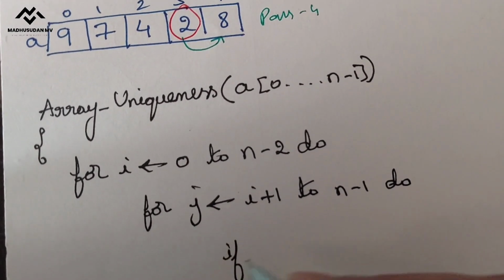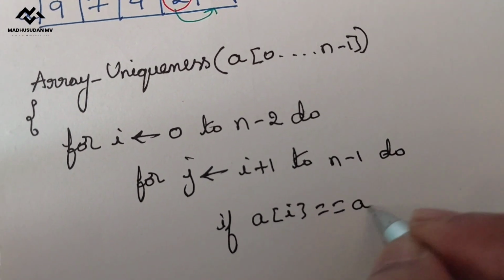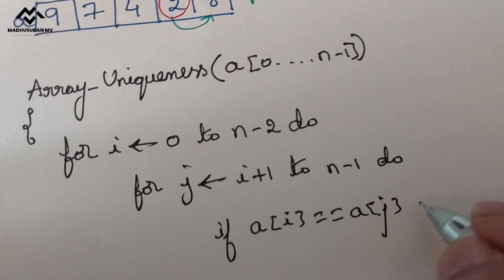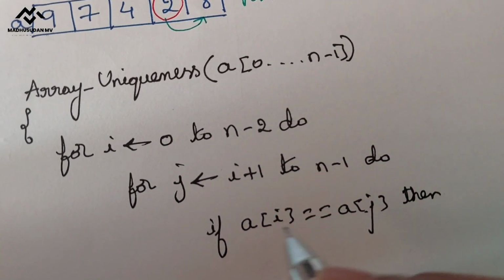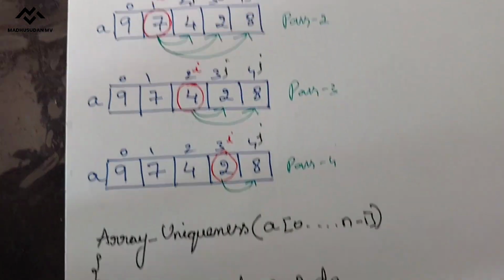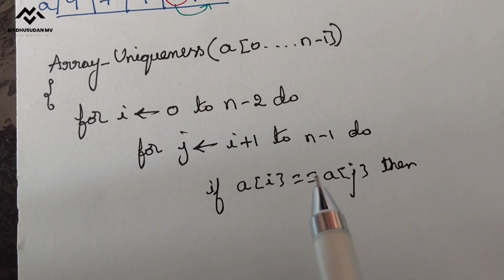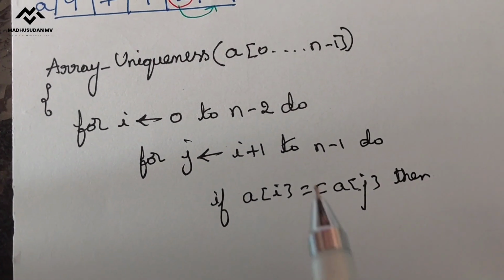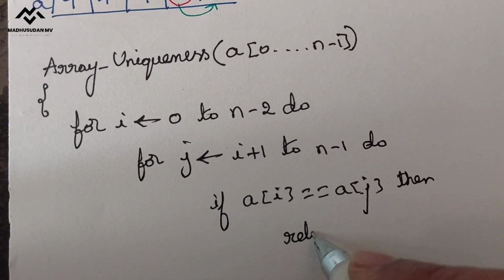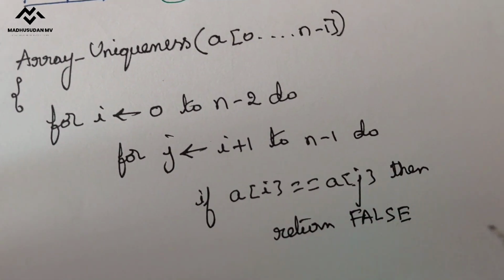Now what do we compare? We check if A of I is equal to A of J. If this is true, what happens? Suppose in this example no elements are equal. But if at any point any 2 elements are equal, then the array is not unique, so I have to return false, indicating the array is not unique.